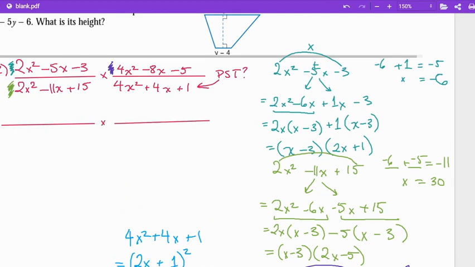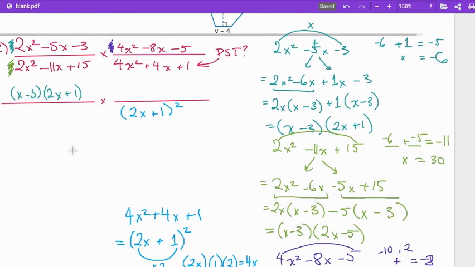So now we write this expression in factored form. And I'll just use the colors so that you can see where each factor came from.